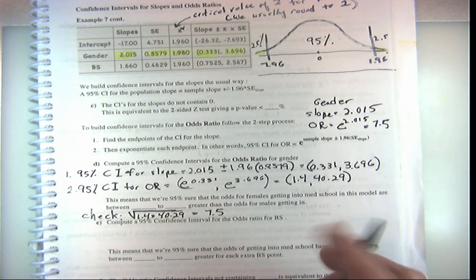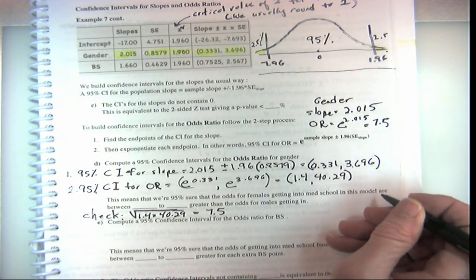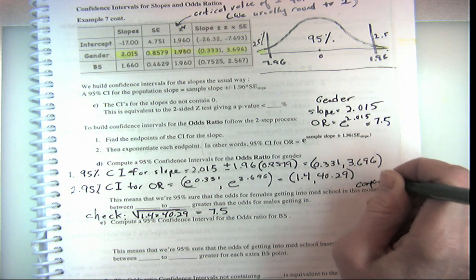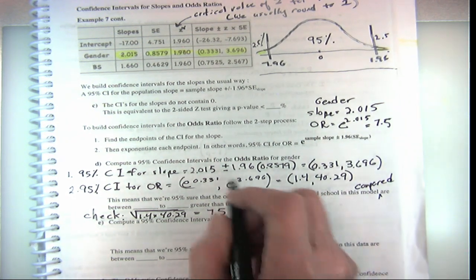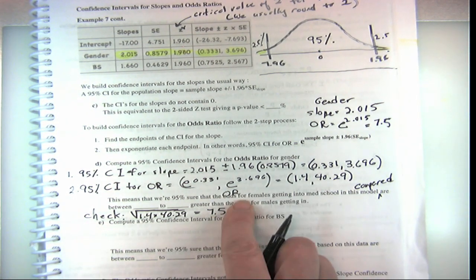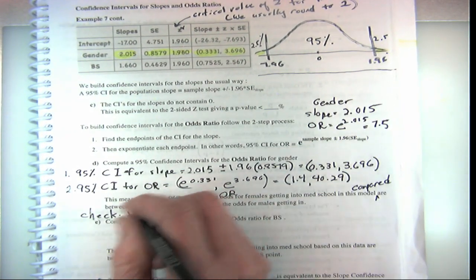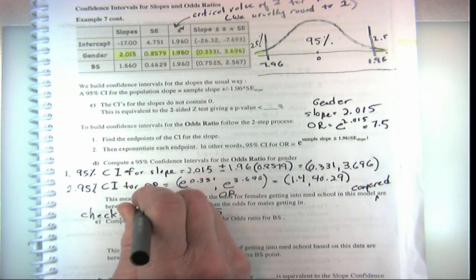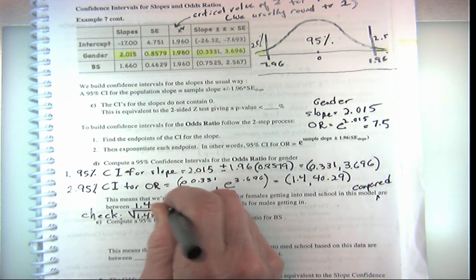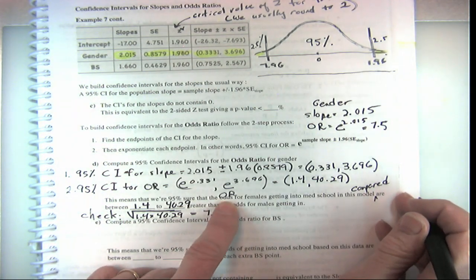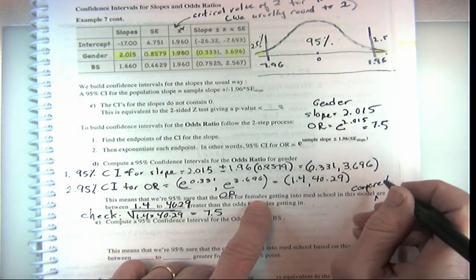We're 95% sure that the odds for females getting into med school compared to males, the odds ratio, female odds divided by male odds, is between 1.4 and 40.29. Okay? So that's hard to see. The odds ratio, not the odds.